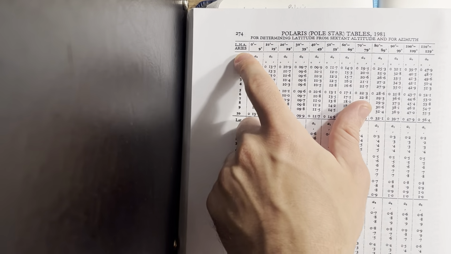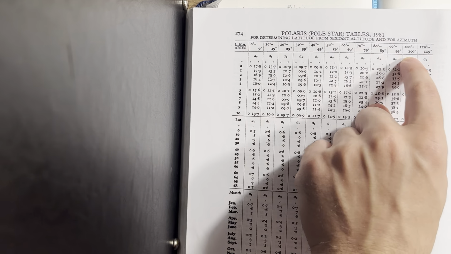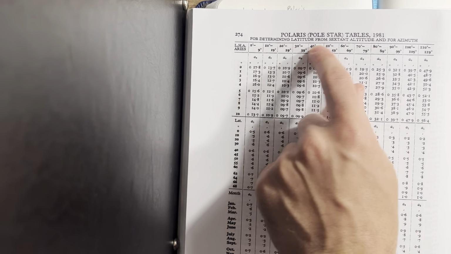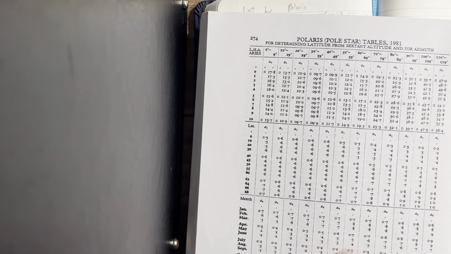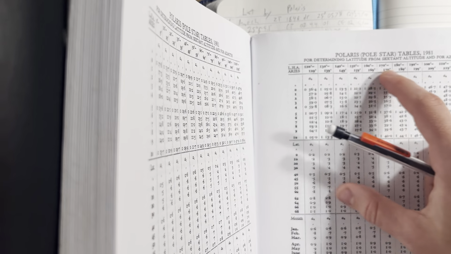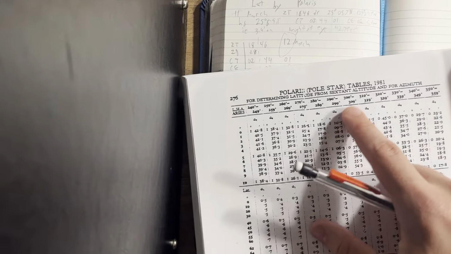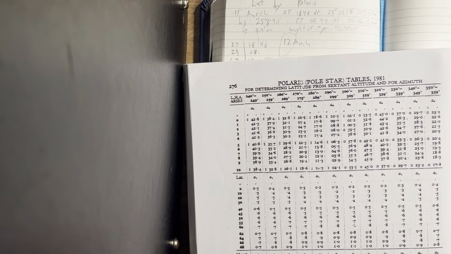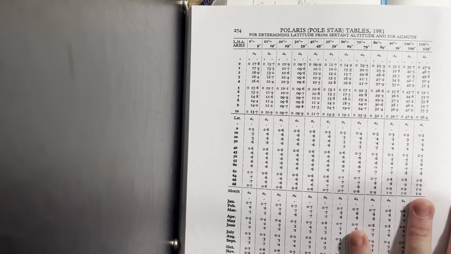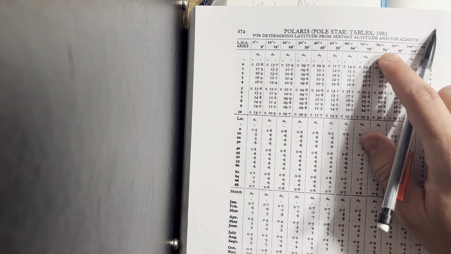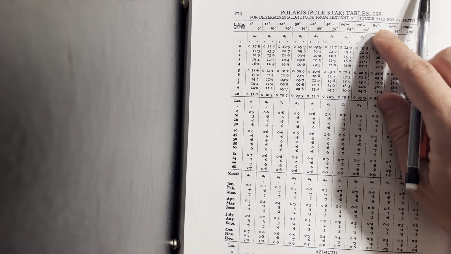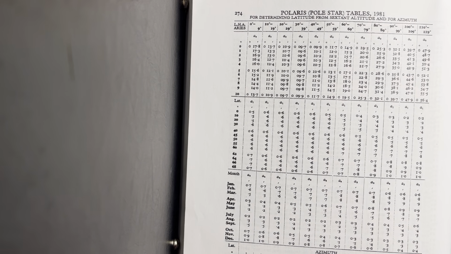You can see they're arranged with the LHA of Aries at the top in units of 10. It stops at 120 here, then we can continue over here. It actually goes on to a third page all the way to 360. But we only need the first page because we've got 88 here. So we're going to pick this column, and we're going to work everything off of this column because it's the 80 to 89 degrees of LHA.